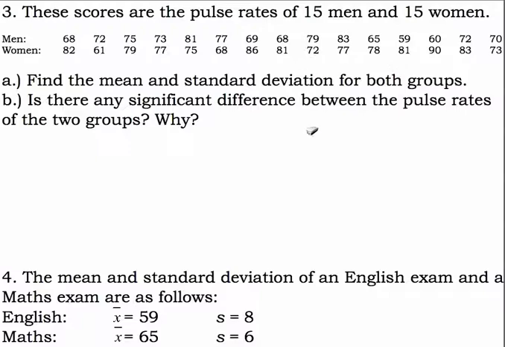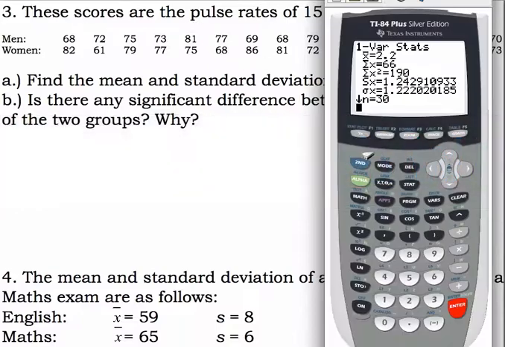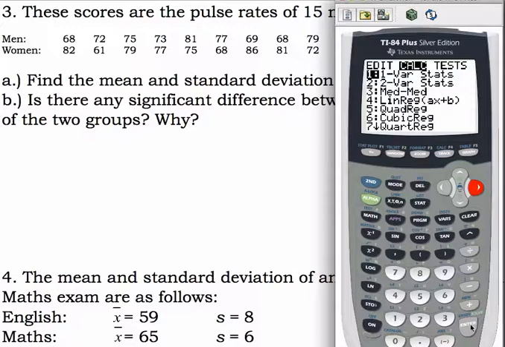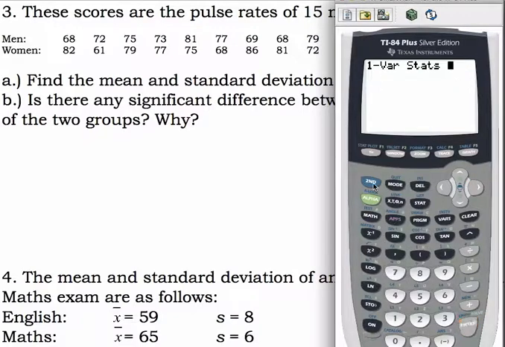We've got pulse rates of men and women, so we need to type that into our calculator first. Now I've got all my data typed into list 4 and list 5. The men are in list 4, the women are in list 5. I've got to find the mean and standard deviation, so I'm going to do stat, go over to calc, enter, and I'm going to use list 4 for the men.